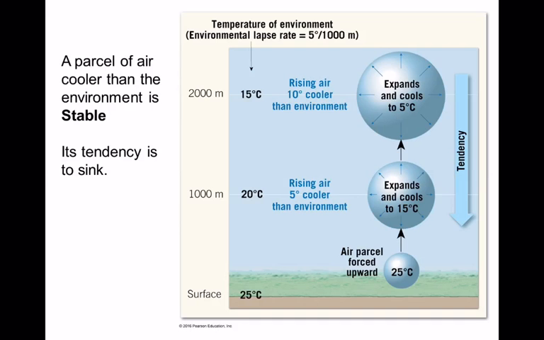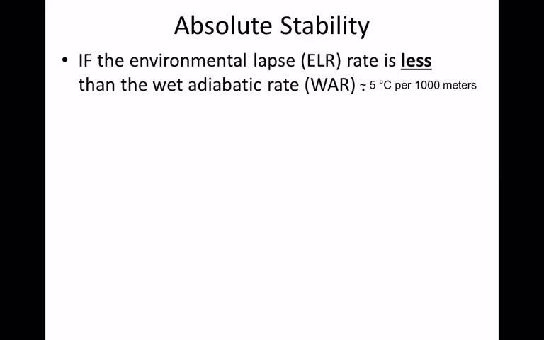And actually, there are 3 conditions, and this is the first of the 3 conditions. So absolute stability. That's why I cleared this off, because I want to sum them all up.